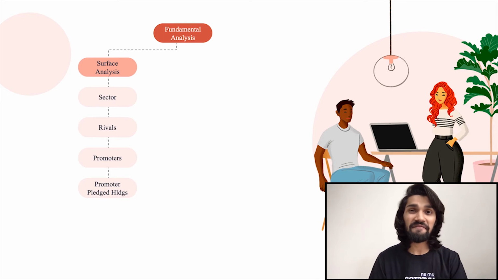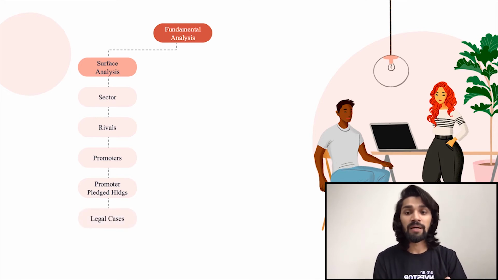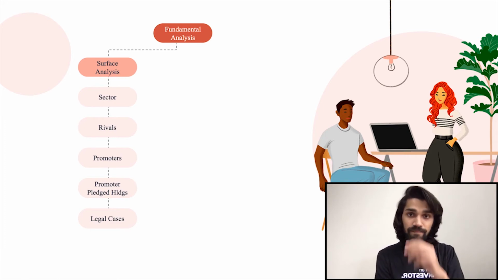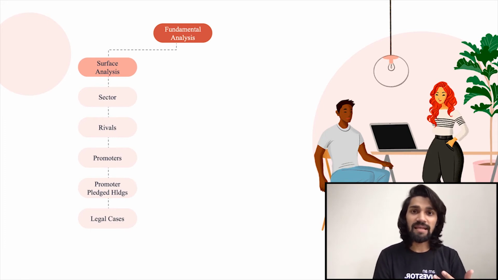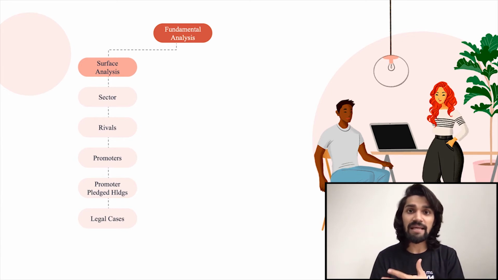Next would be if there are any legal cases going on with that company. For example, take Reliance Communication or Jet Airways or even Yes Bank. These companies had a lot of legal cases going on, and that is the reason why their stock prices were going sharply down.